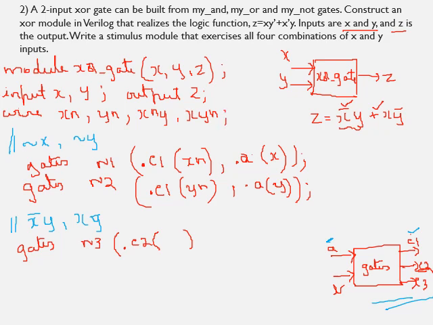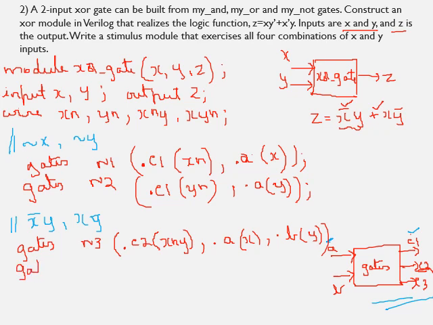So C2 for x bar y, the signal is xny. Okay, comma dot A is the input in the main module, that is the component module. In the top module, A is X here. Similarly, dot B and Y. Okay, this is finding X bar Y.